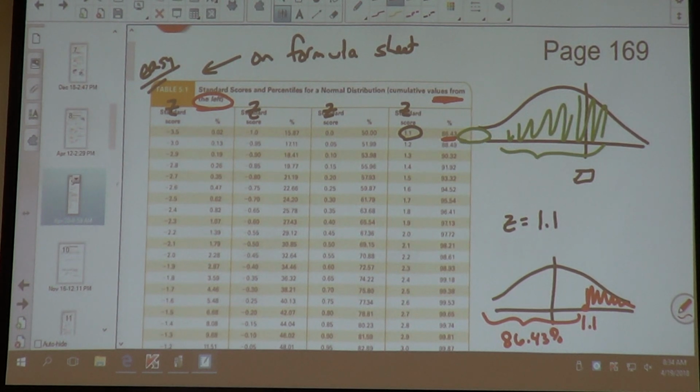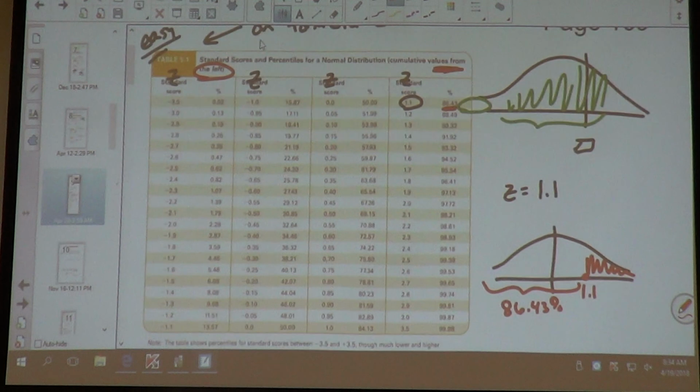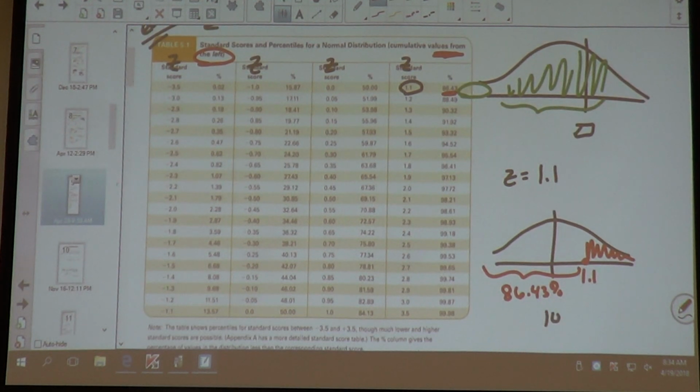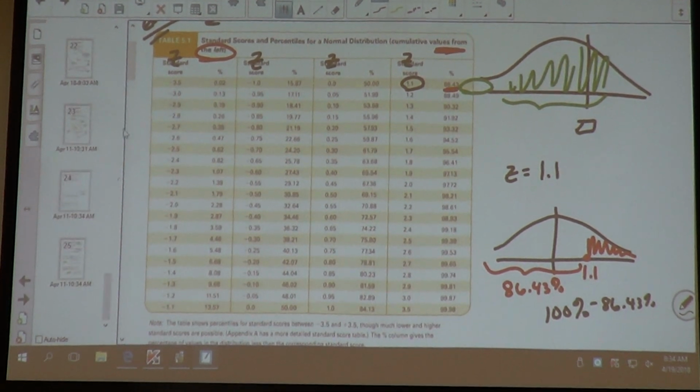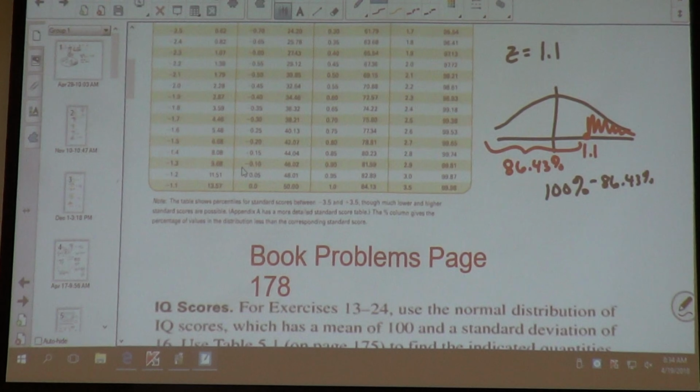Well, that's not the part I want to know. I want to know the other part. 100%. So I would have to do 100%, which is the whole thing, minus the 86.43%, because the table only gives me to the left. Okay? So that's a little bit about the easy table.